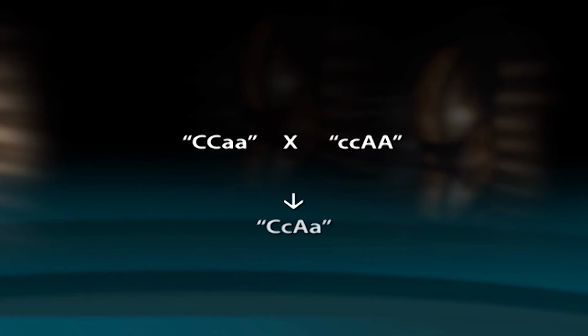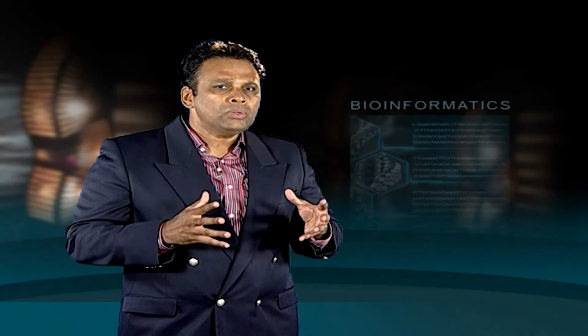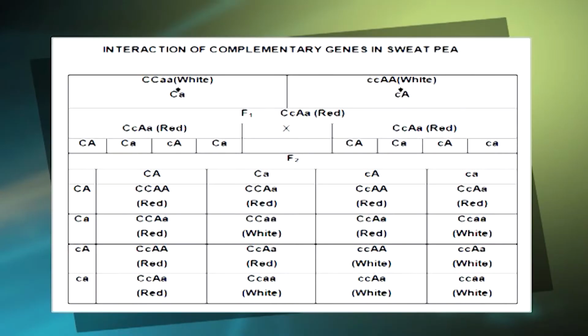When these two true breeding pure line varieties of white sweet pea plants were crossed, the F1 progeny produced red flowered plants with the genotype capital C, capital A, small c, small a. In F2, the F1 plants were self-pollinated among themselves.